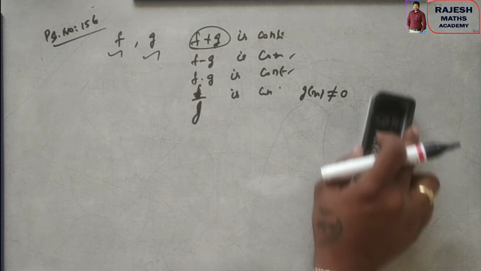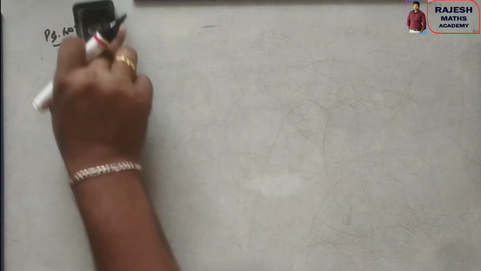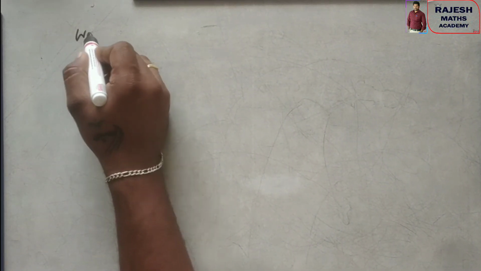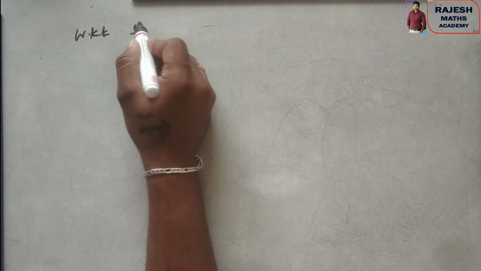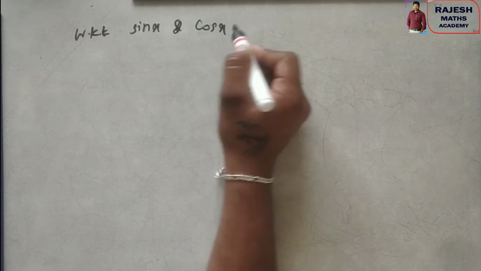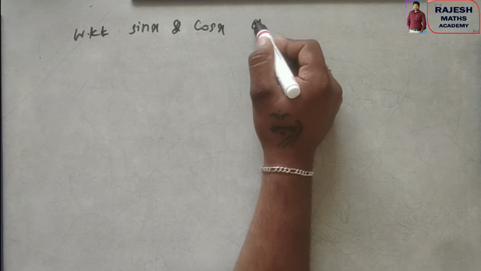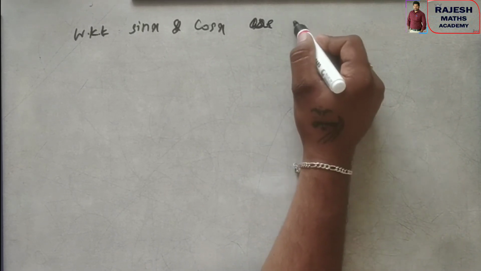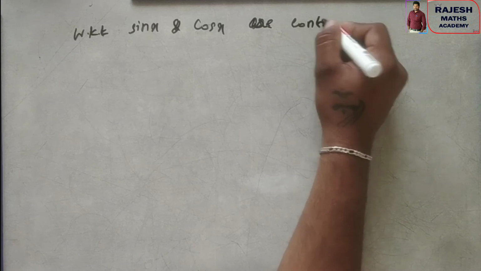So from that we have already proved cos x is a continuous function, and sin x is a continuous function. We know that sin x and cos x are continuous functions.